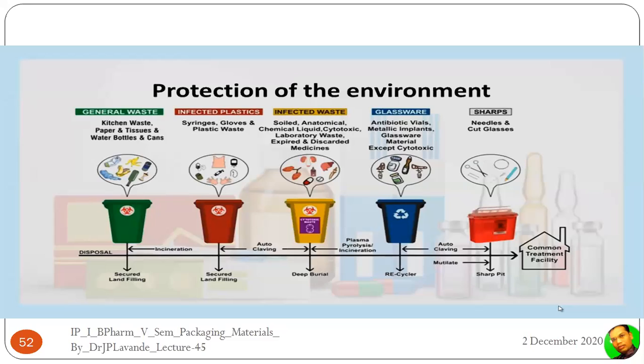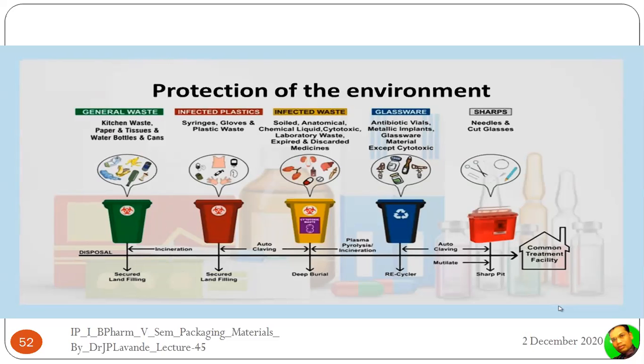Some sharp objects like needles, cuts and glass, syringes or scalpels are very difficult, and they need to be first subjected to autoclaving. Then they will be sharply pitted, or properly dug and properly packed for landfilling.